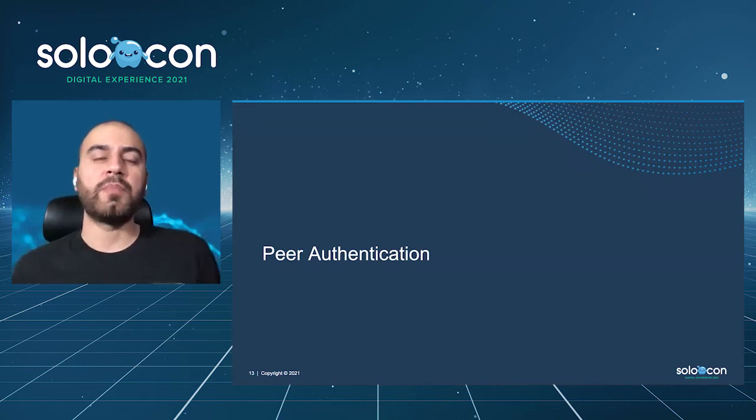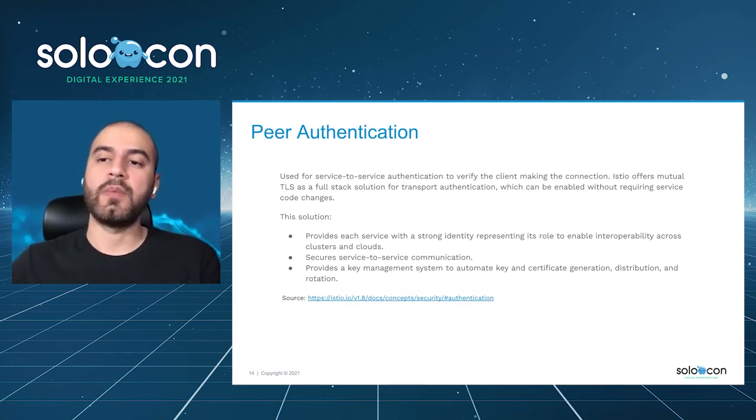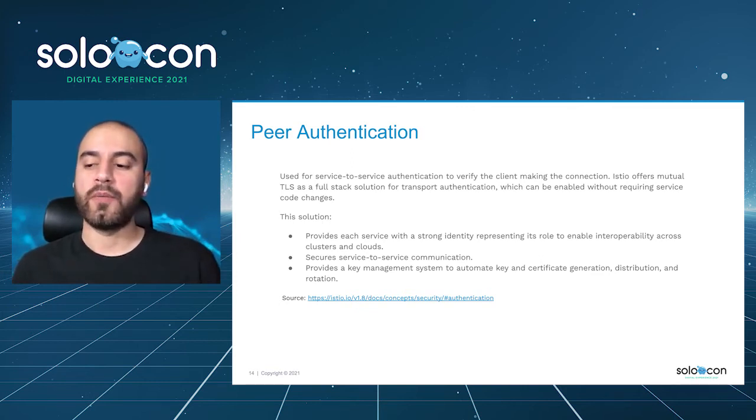So now let's take a look at the PeerAuthentication resource. At a high level, PeerAuthentication is what happens as far as how I validate or verify who the client is that's trying to make a connection to me as a workload, right? From the server side, if someone is trying to establish a connection with me in order to send a request, I have to verify who that is, right?